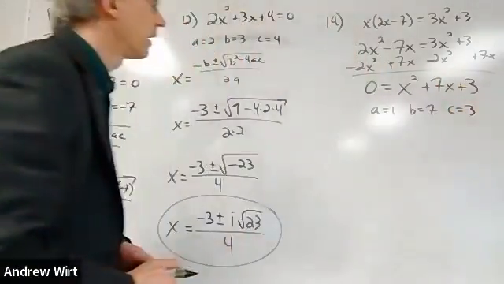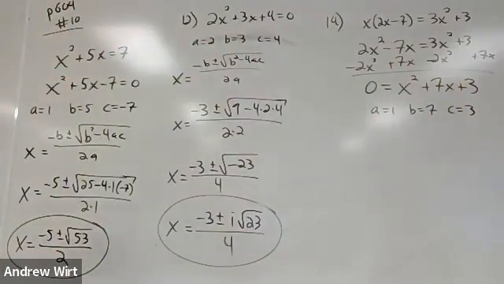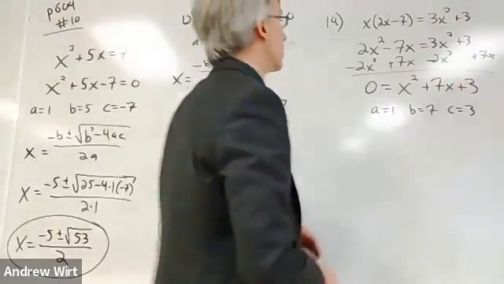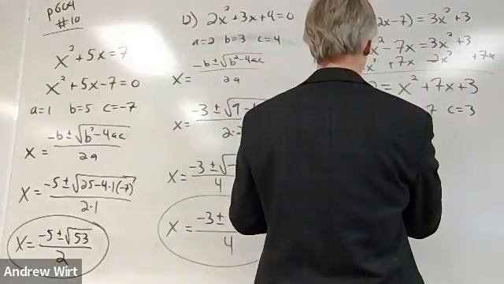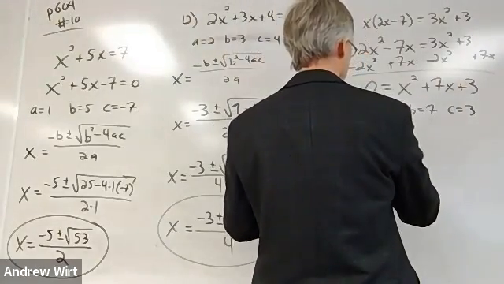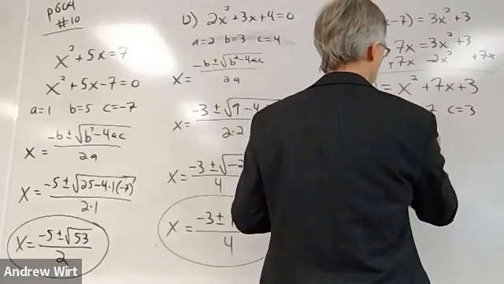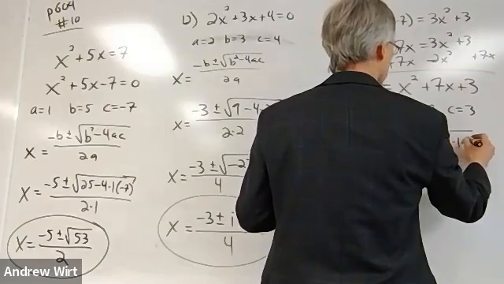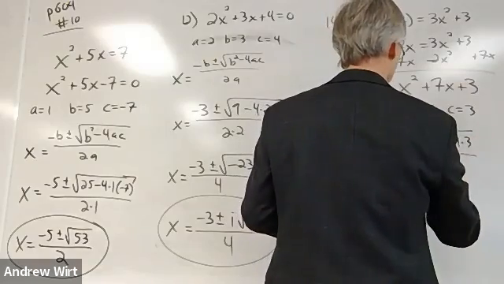So we got 1 for A, 7 for B, and 3 for C. All right, now let's plug all these in. Negative B, so that's negative 7. B squared, that's 49, minus 4 times 1 times 3, all over 2 times 1.